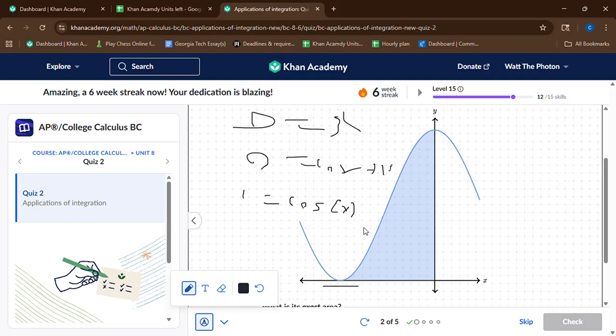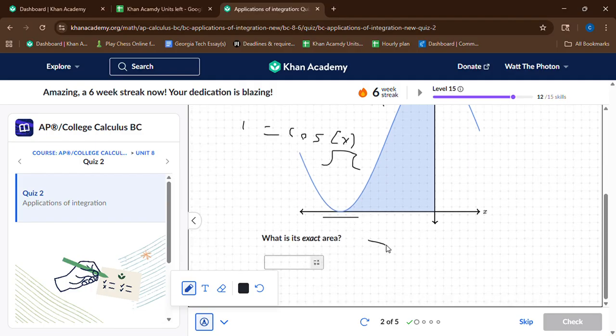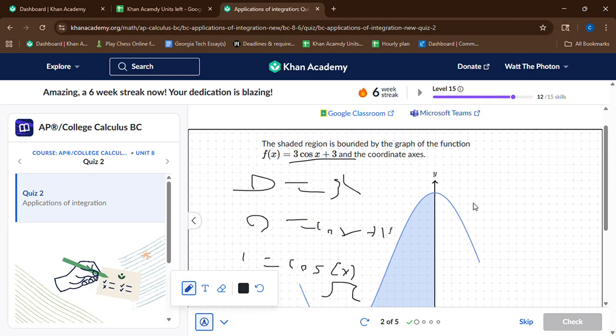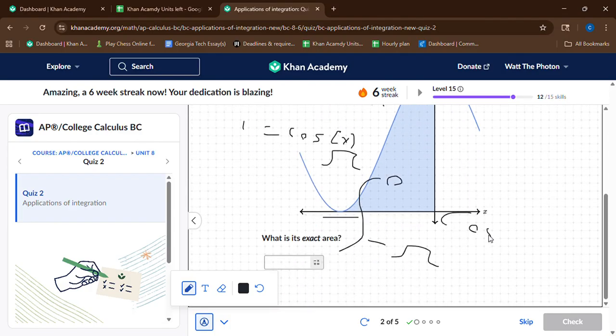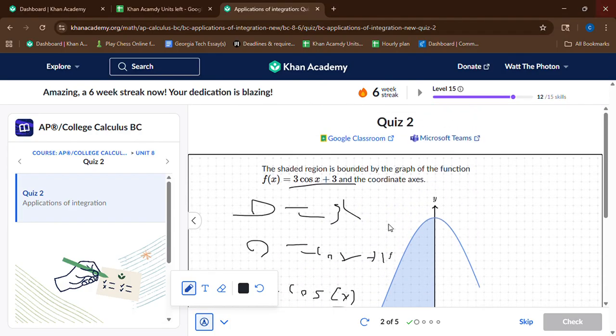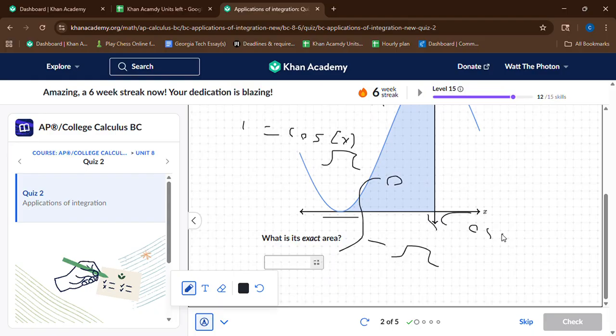Cosine equals negative 1 at pi, so it'd be negative pi. The integral from negative pi to 0 of 3 cosine x plus 3. So that's what we've been calculating.